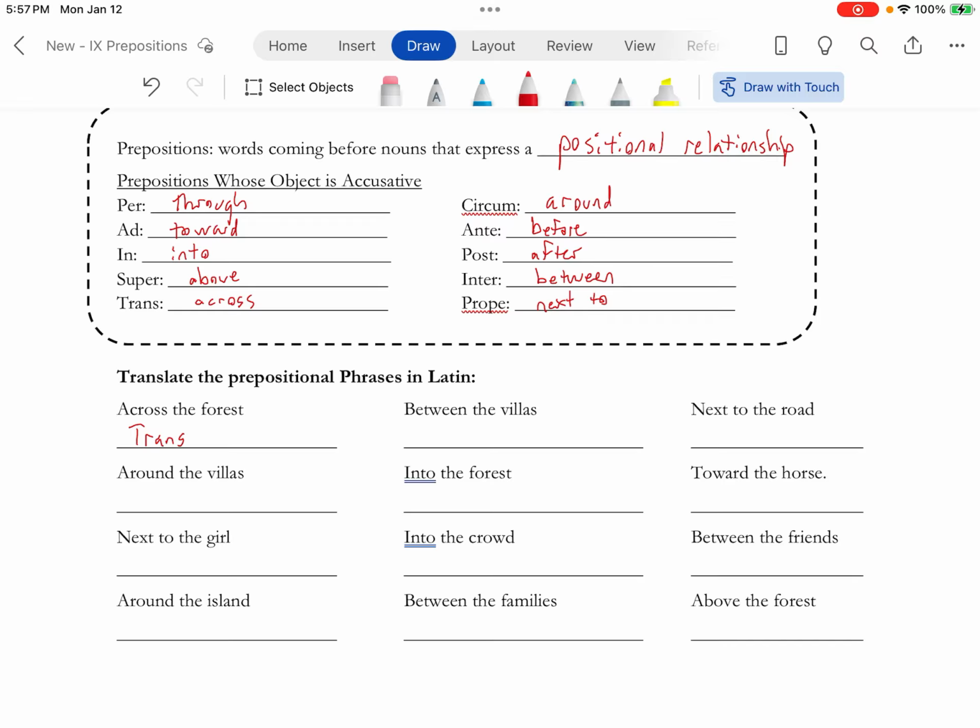Oh, stylus isn't working. I got it back. Alright, we got it back. Sweet. Okay, so forest, silwam. So the am, it's accusative.